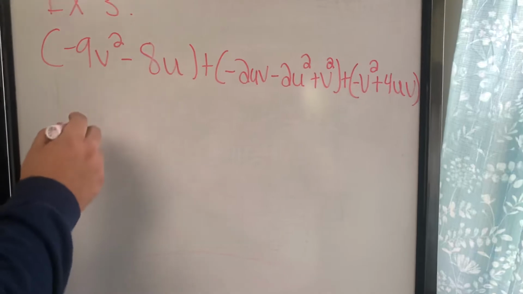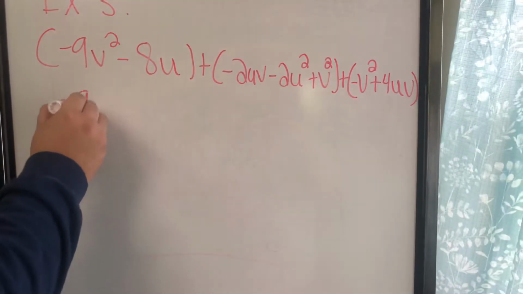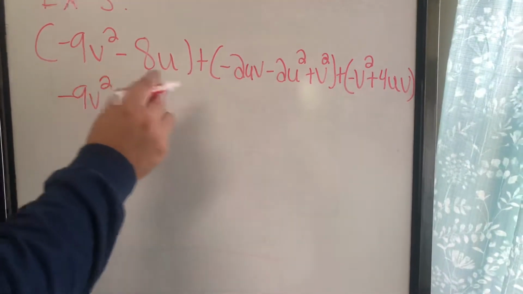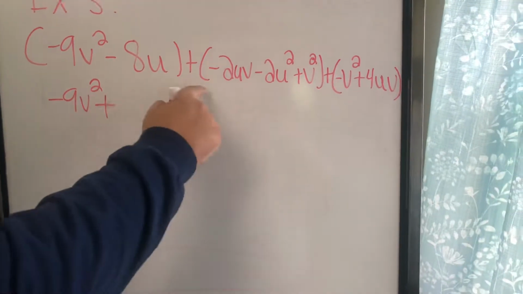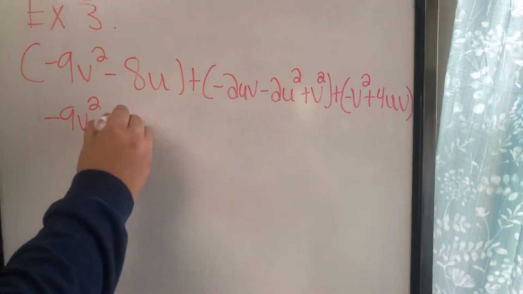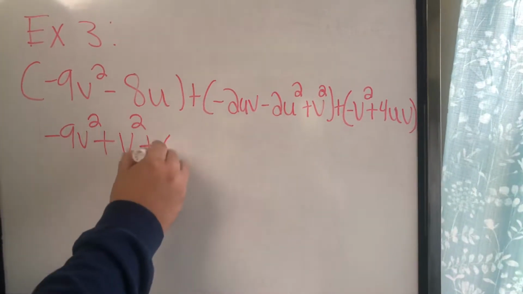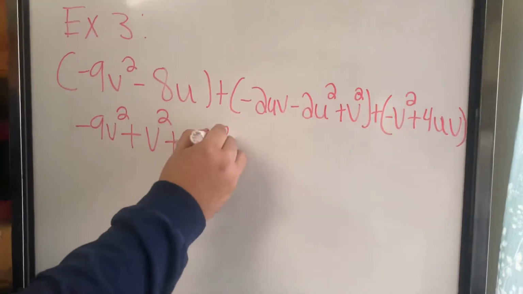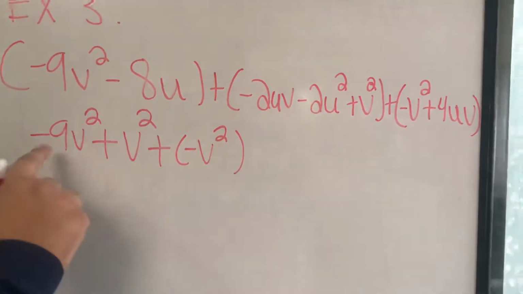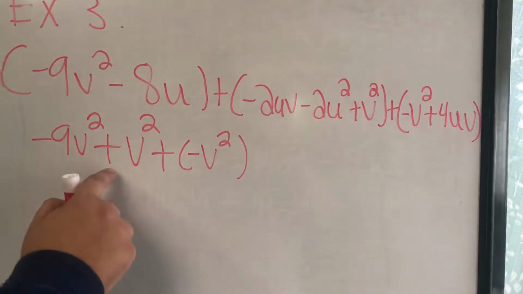So let's begin. Negative 9v squared plus v squared plus negative v squared. So left to right, negative 9v squared plus v squared.